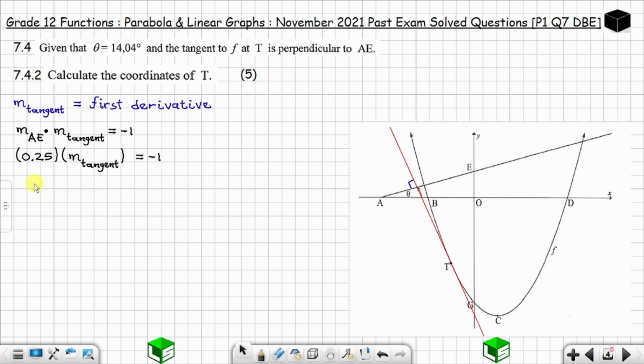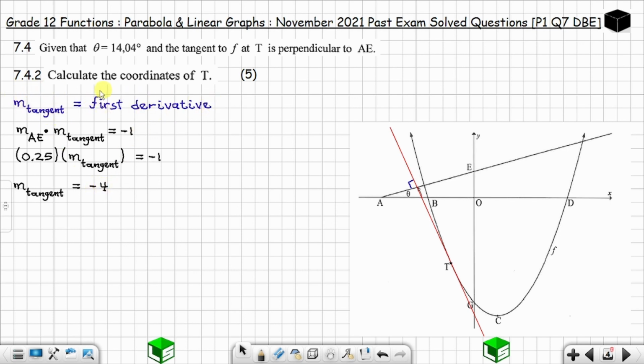The gradient of the tangent, which is equal to, you divide by 0,25 on both sides. So you divide by 0,25 this side, you remain with the gradient of the tangent, and you divide the -1 by 0,25, you find that the gradient of the tangent is equal to -4. So now we have the gradient of the tangent, which is equal to -4.